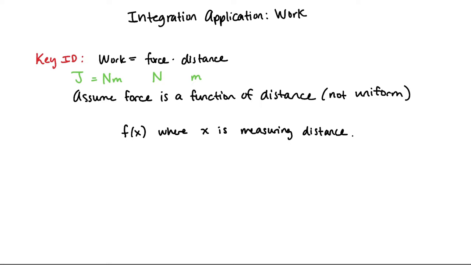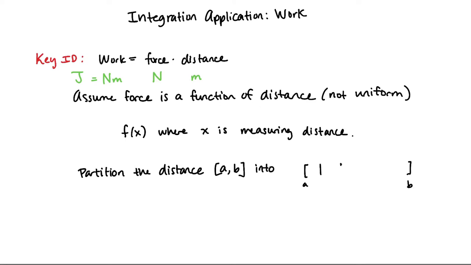How are we going to handle this? Well, what happens if we view the distance as something we can partition? So we'll partition the distance AB into, you guessed it, subintervals, and we will look at the work that is applied on the ith interval.